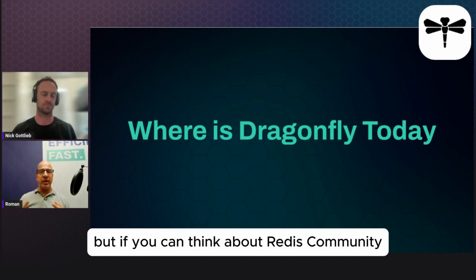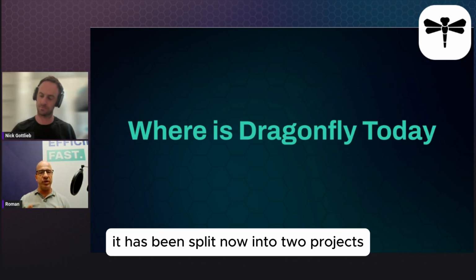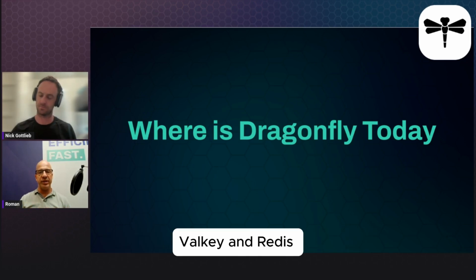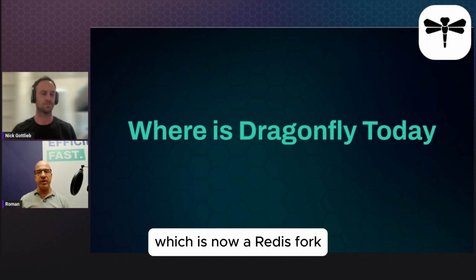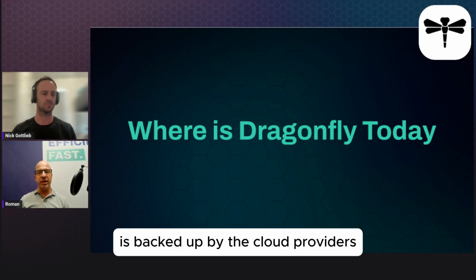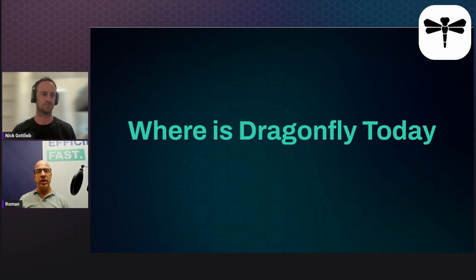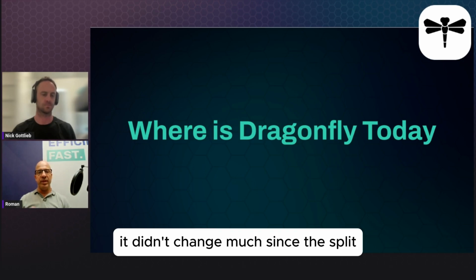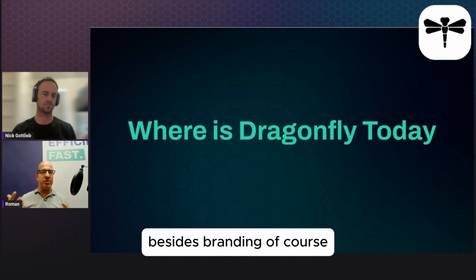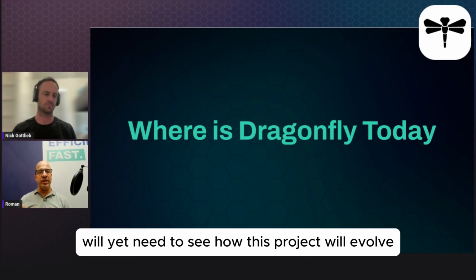But if you think about the Redis community, it has now been split into two projects, Valkey and Redis. The Valkey project, which is now a Redis fork, is backed by the cloud providers under the Linux Foundation umbrella. It didn't change much since the split, besides branding, of course. We'll yet need to see how this project will evolve.